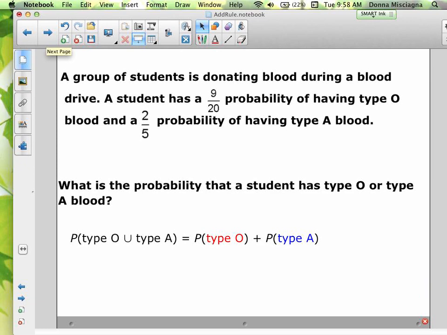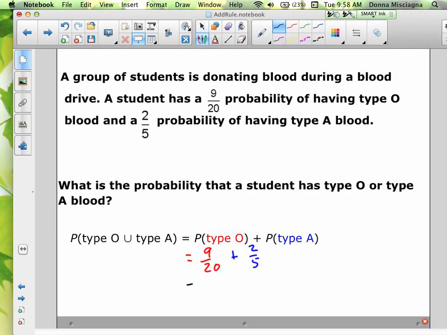The probability of type O was 9/20, and the probability of type A is 2/5. We need a common denominator there, so we have to change the 2/5. 2/5 is how many 20ths? 4 times 2 would be 8/20.